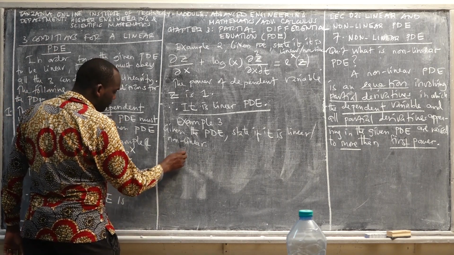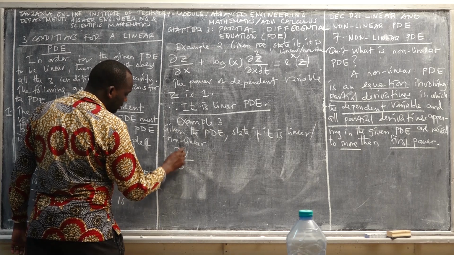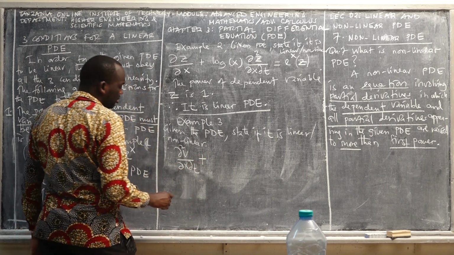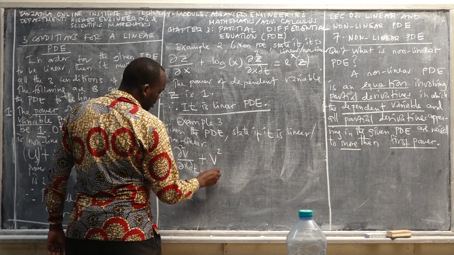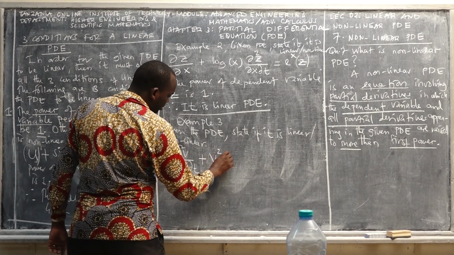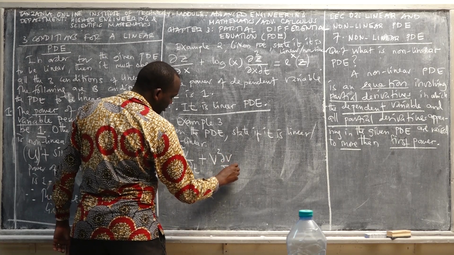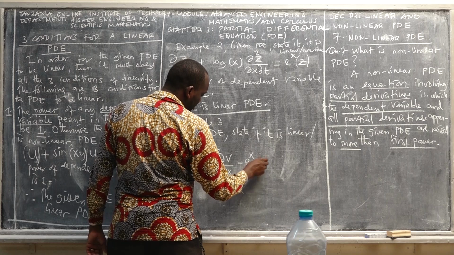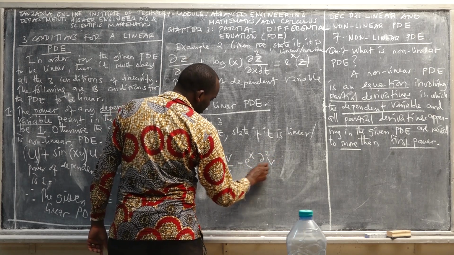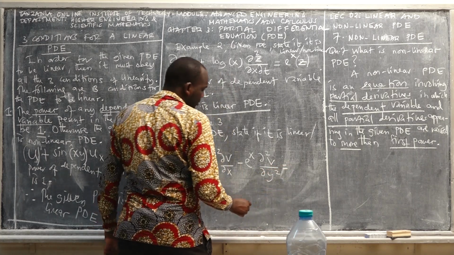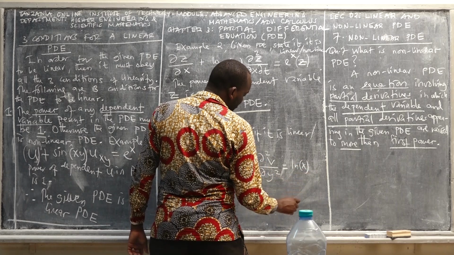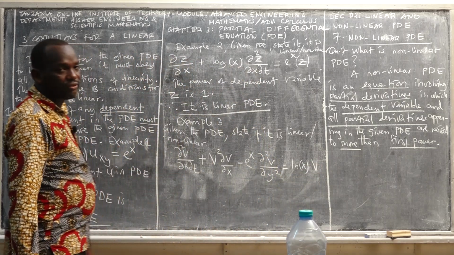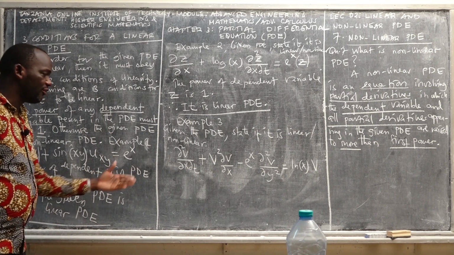So the given partial differential equation is this one. So this is the given partial differential equation.